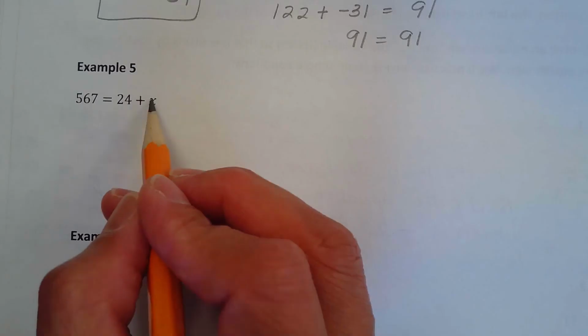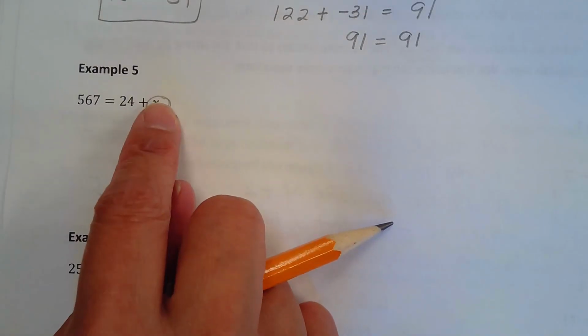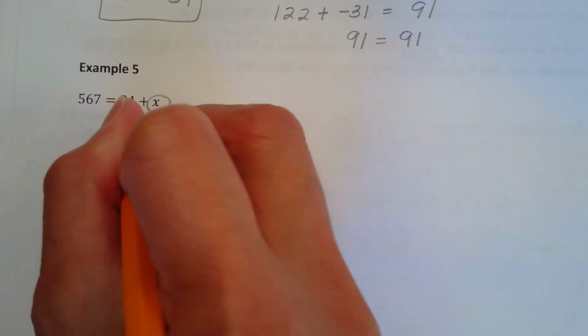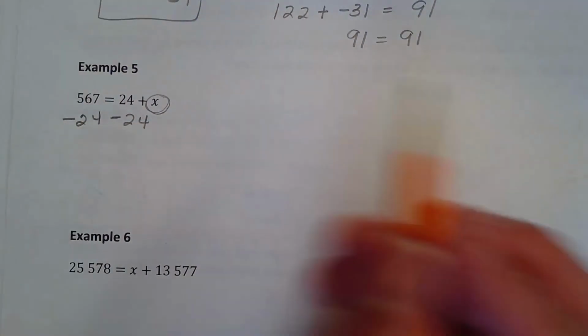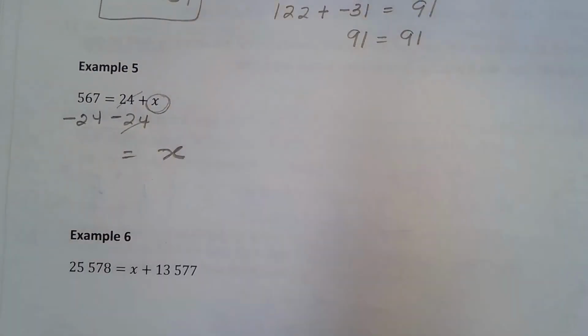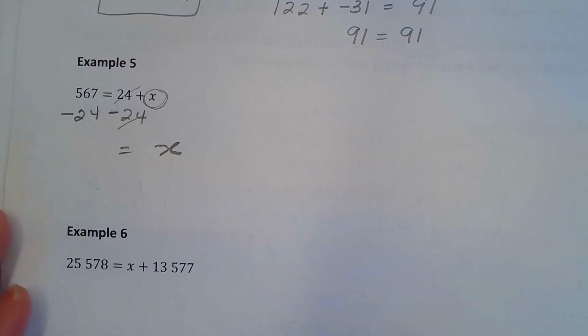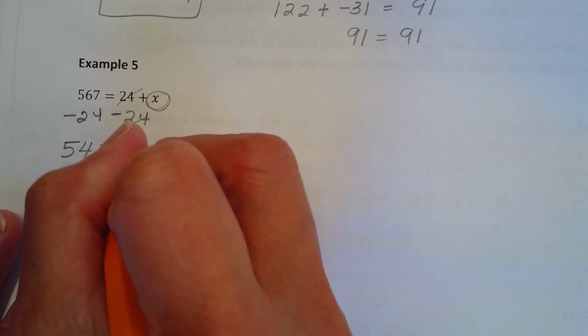Subtract the 24 because this is x right here. And then we want to isolate that. So it's minus 24. I got to do minus 24 on the other side as well. This is gone. Okay, what's that equal to? 543.